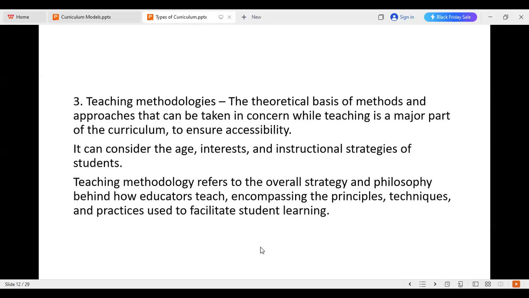Teachers can decide what is the best and most effective teaching method to teach a particular subject. They can consider the age, interest, and instructional strategy of students. For primary, their age is 5 to 10, and the lecture method is not effective at that age level.